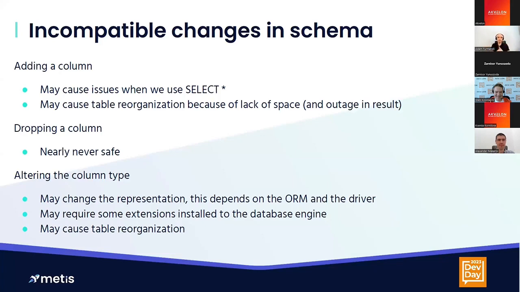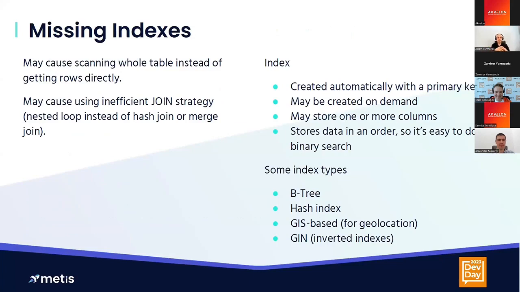Missing indexes, yet another case of database issues. Whenever it comes to performance, people tell you, hey, you should have an index. If you add an index, obviously your reading improves, you have selects running much faster, but at the same time your updates are way slower because now you have multiple data structures to be updated.